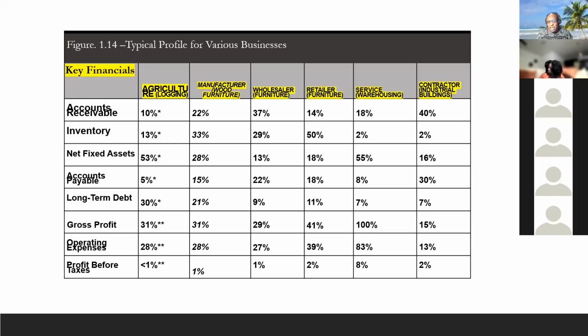So does it mean that I should disqualify a potential client because they have a high level of receivables and they're in an industry where it should be low? No. But what it does mean is you need to ask why, right? Why is it that this particular company, which is doing mostly cash, why are they having large receivables?